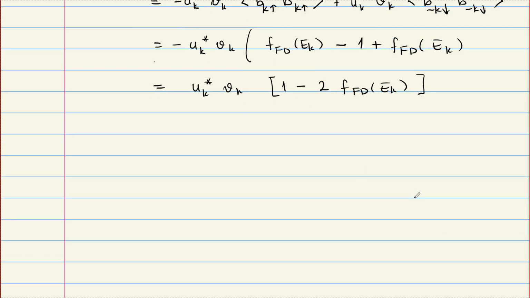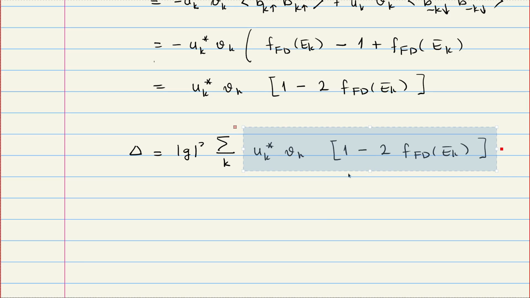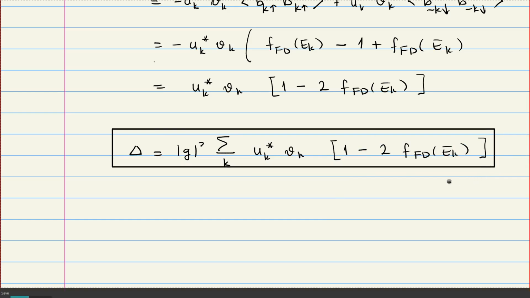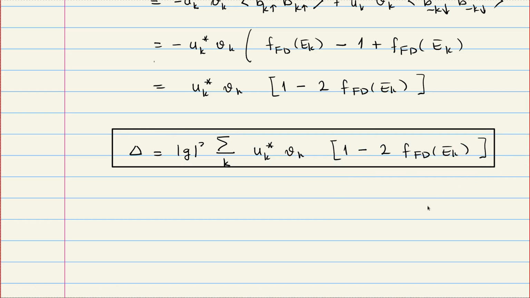Then I can put this in the expression for the pair potential delta. It's going to be g squared, sum over all k, times this expression. Now this is a temperature dependent gap equation. Previously we didn't have any temperature dependence.